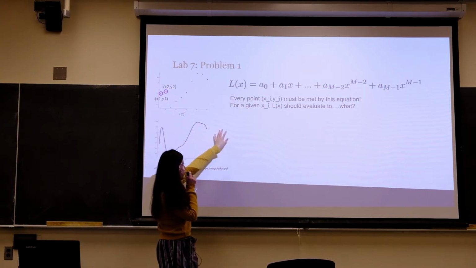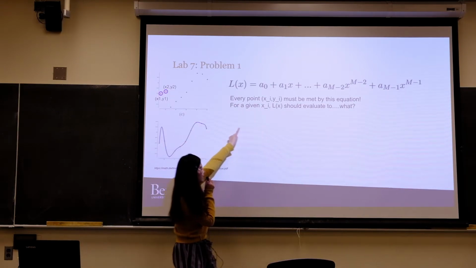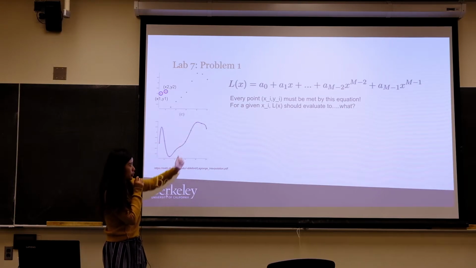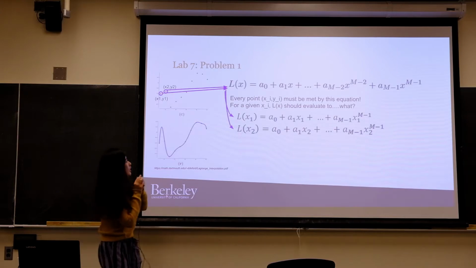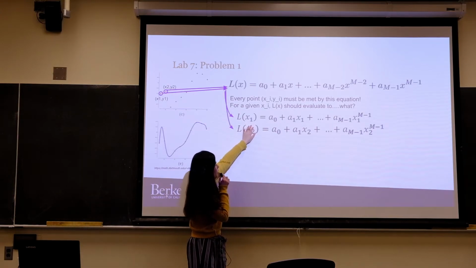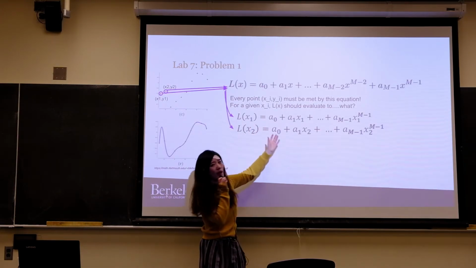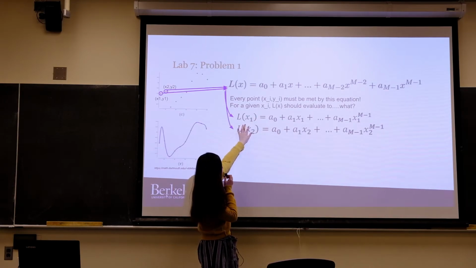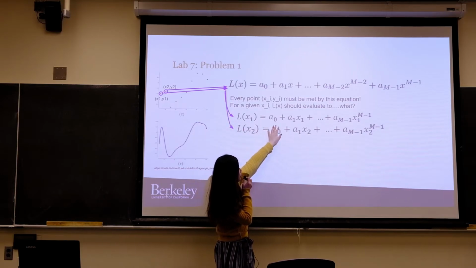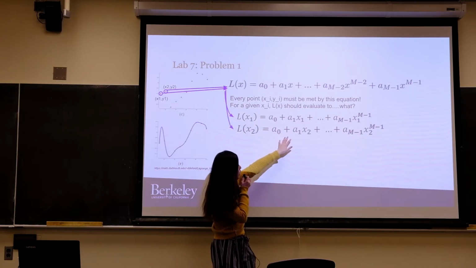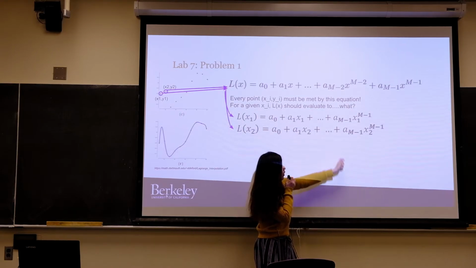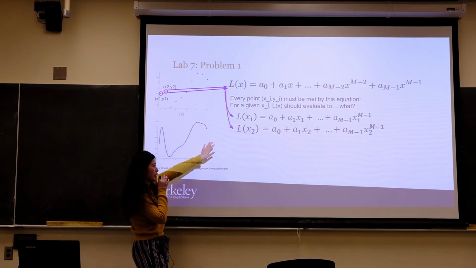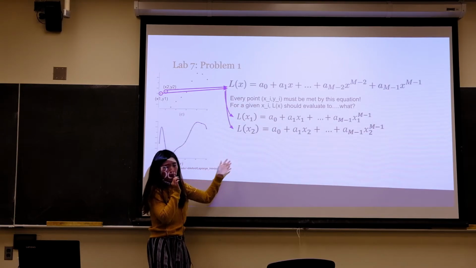For every point xi and yi, it must be met by this equation, which means if we calculate L(x1), then it must be equal to, we apply the x value to the polynomial function, so L(x1) will be equal to a0 plus a1x1 until a(n-1) times x1 to the power of n-1, and it also works for x2, x3 until xm.